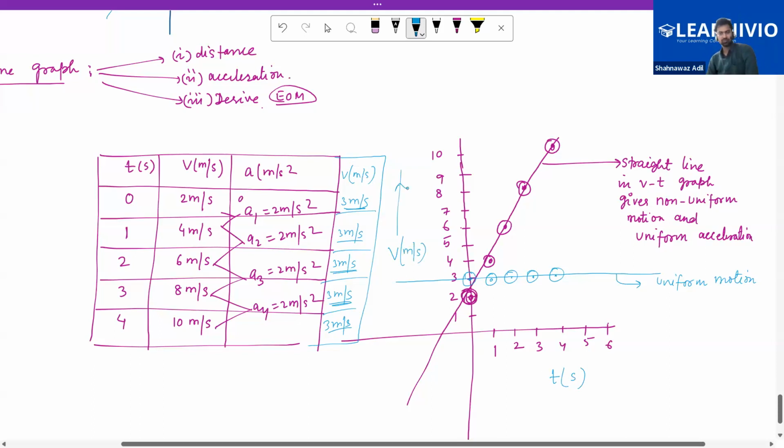And if we have a straight line in VT graph, that represents uniform acceleration, which is non-uniform motion. But in XT graph, a straight line represents uniform motion. Clear? Yes. So can you write the differences in a table?